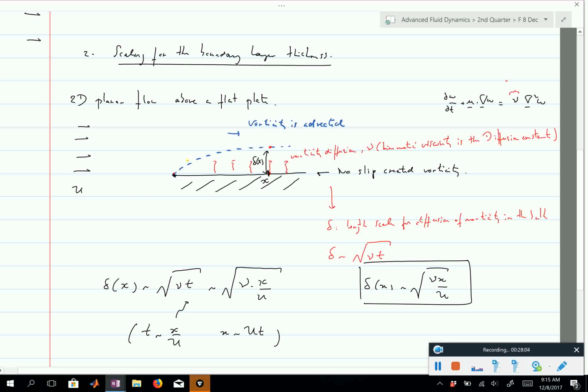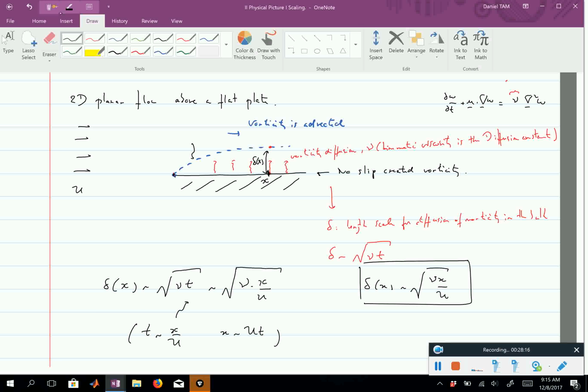So this is where this square root shape comes from. This curve, you can think of as the square root of nu x divided by u.